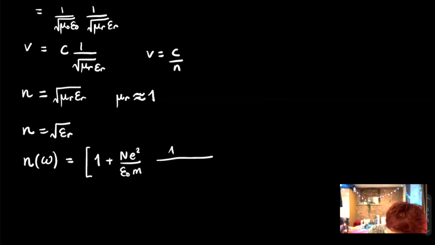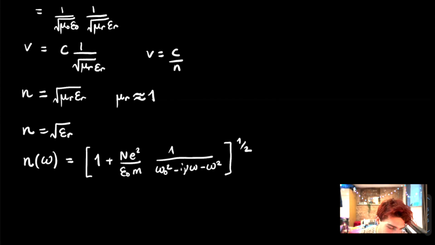Well, we said that the relative permittivity is equal to 1 plus ne squared divided by epsilon naught m, all times 1 divided by omega naught squared minus i gamma omega minus omega squared. And this is all going to be under the square root, so we have to raise this to the power of 1/2.